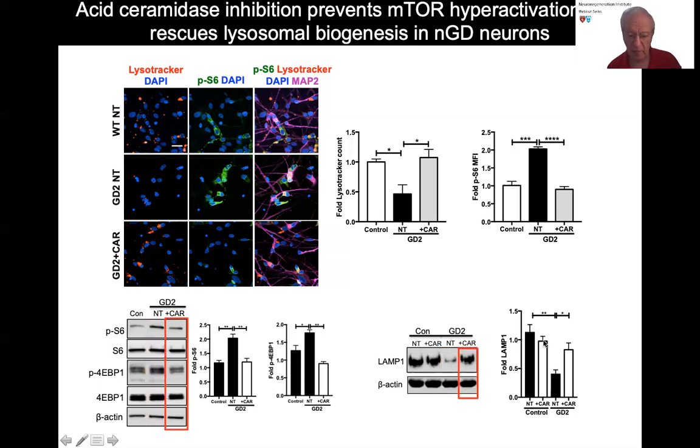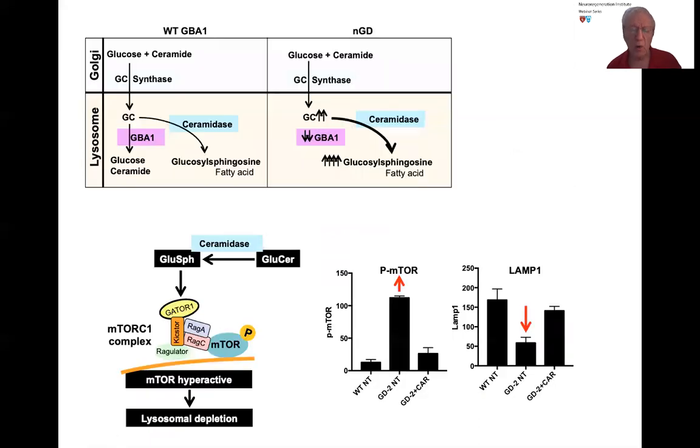And this is what I just described. So what is happening is that in the lysosomes, with this enzyme, ceramidase, under normal circumstances with wild-type cells, this enzyme will hydrolyze glucosylceramide to glucosylsphingosine and fatty acid, but there is virtually no detectable level of glucosylsphingosine in normal cells. This is not the case in Gaucher disease.